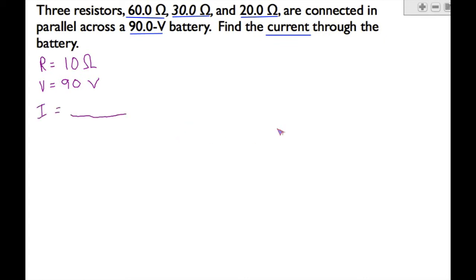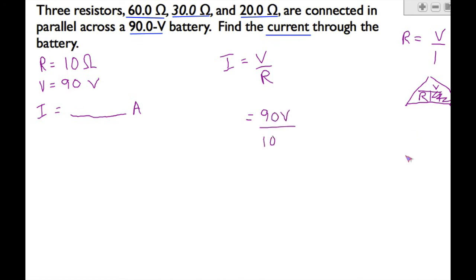So to do this, I'm going to use this formula. Okay, you might have seen this formula as R equals V over I. I just put it in the triangle. Okay, so now I'm going to have my voltage of 90 over my equivalent resistance of 10 ohms, and I'll just have 9 amps as the current that's going through my battery.